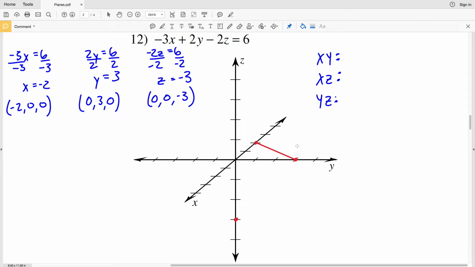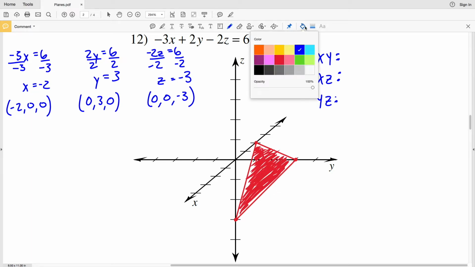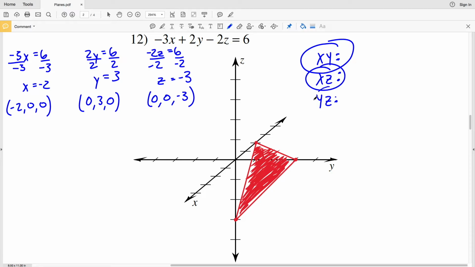Then we'll find the trace xz, which is the equation of the line from the x-intercept to the z-intercept. And then lastly, we'll find the trace for yz, which is the equation for the line from the y-intercept to the z-intercept. I'll go ahead and shade this in now to form our plane. Now let's find each of those equations for our traces.